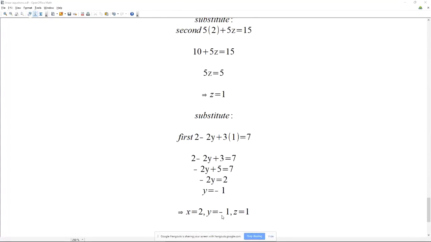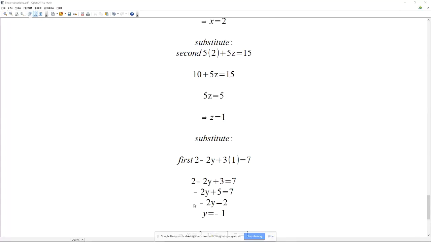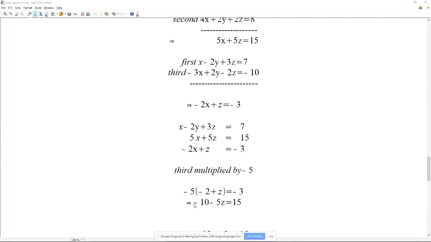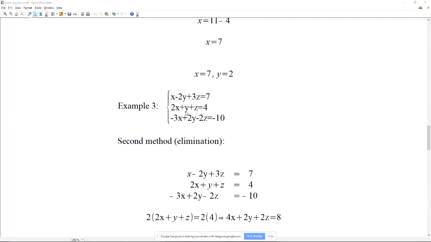So now I've got a solution set. I've got x equals 2, y equals -1, z equals 1. Let's check it out. Let's verify it. We'll go back into the original one. You pick any one you want, but let's just pick the middle one, because it's probably easier. So what did we say?